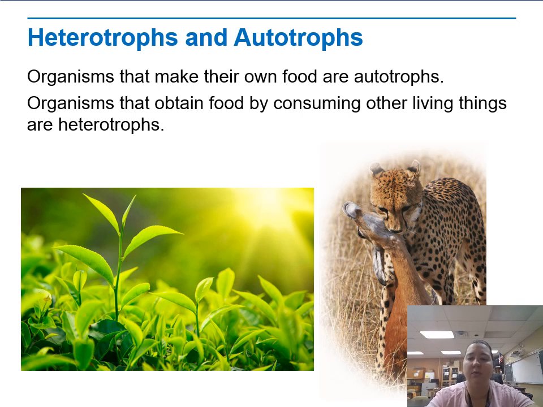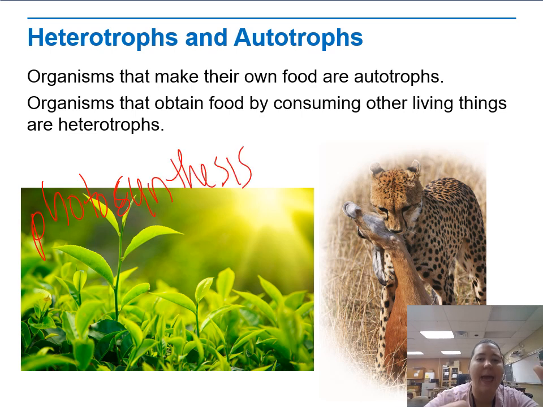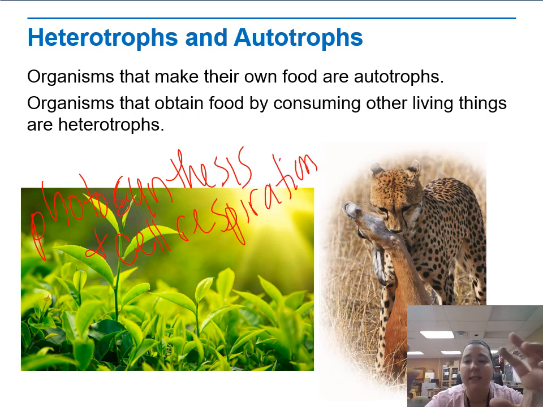We talked a lot about autotrophs and heterotrophs when we talked about food webs, food chains, trophic levels, and all sorts of other stuff. So we're going to talk a little bit more about how chemically they use those different levels. Autotrophs are going through photosynthesis and cell respiration to make the energy and to use the energy.